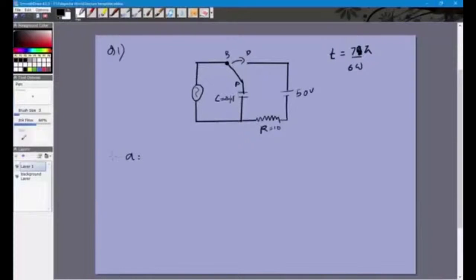The magnitude of maximum charge before t equal to 7 pi by 6 omega is 1 into 10 to the power minus 3. Now, what is the magnitude of maximum charge before this? If I is I naught cos omega t, then this is dq by dt.